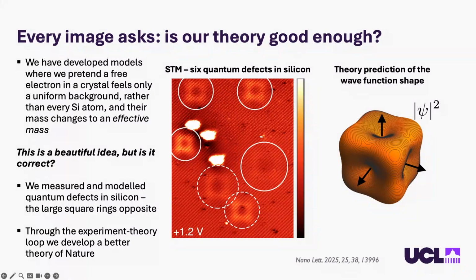And because this wave function is so big, if this cube is 10 nanometers across, then provided our bismuth is less than 5 nanometers underneath the surface, this wave function extends up to the surface, and we can image that wave function. That's what we published this last year.